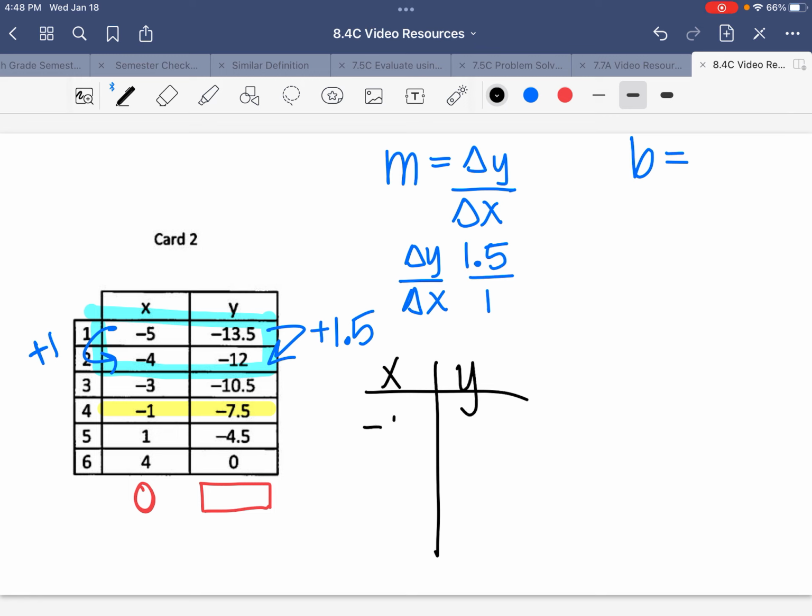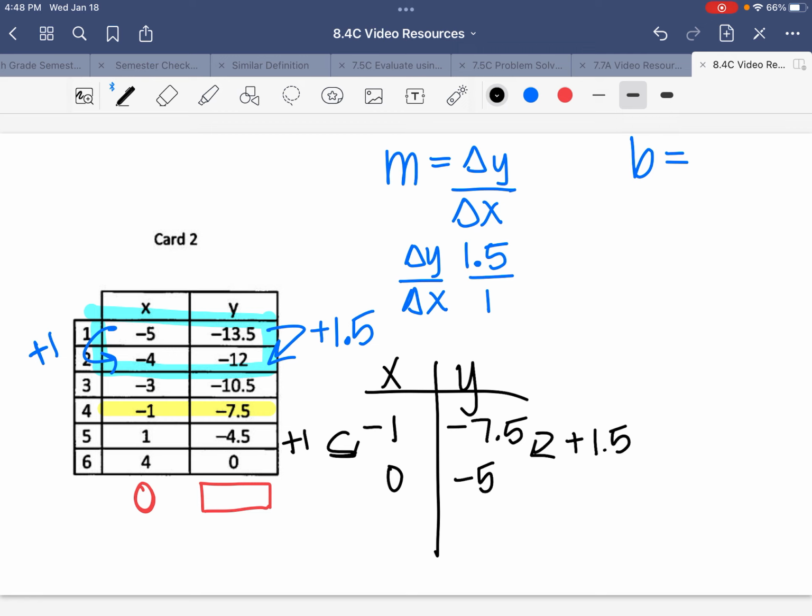So if x is negative 1, y would be negative 7.5. If I have the same exact slope, then that means that y is going to increase by 1.5 as x increases by 1. And negative 1 increased by 1 is 0. And negative 7.5 increased by 1.5 becomes a negative 6.